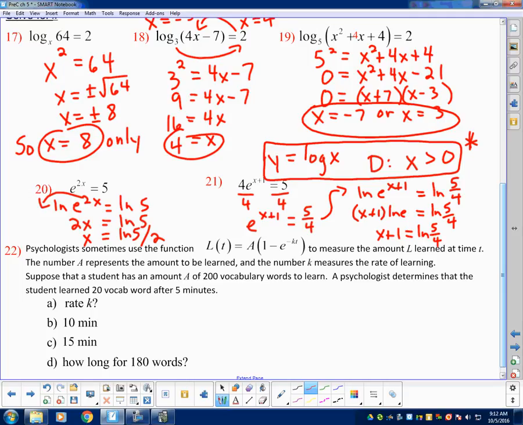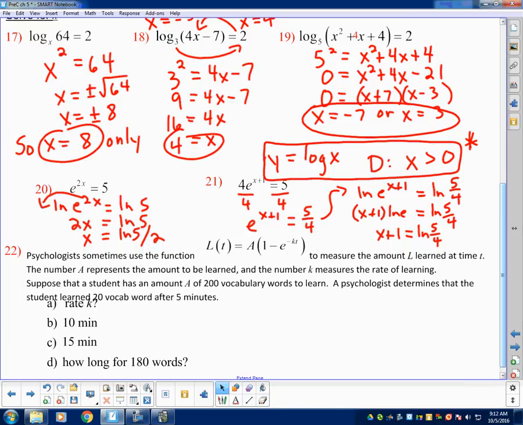And then one more step. Subtract the 1 over. So the exact answer here is x equals ln of 5 over 4 minus 1.